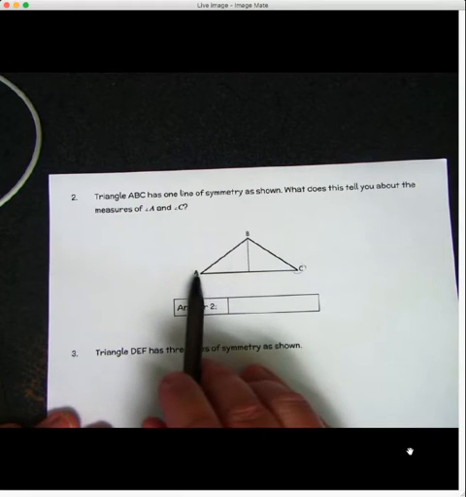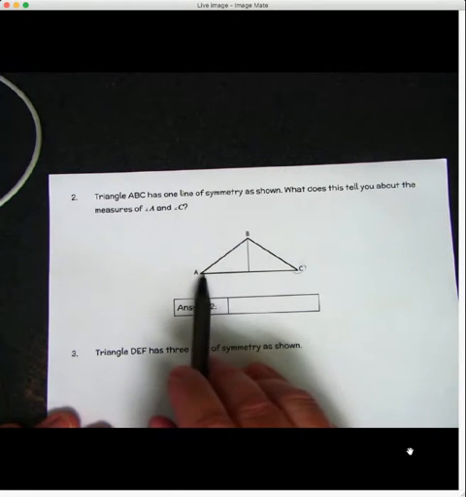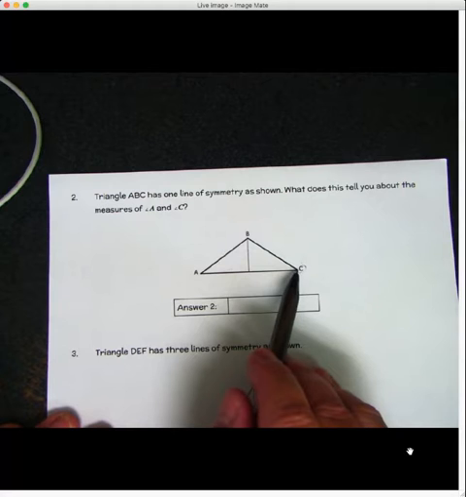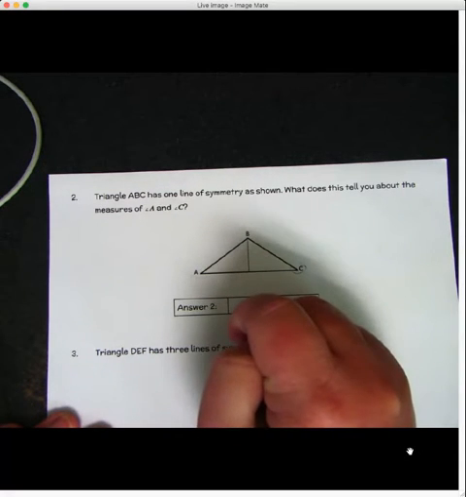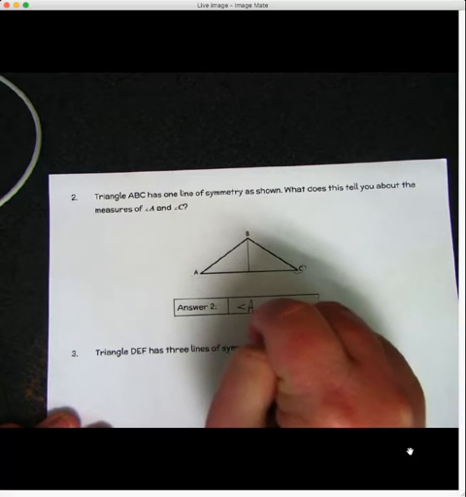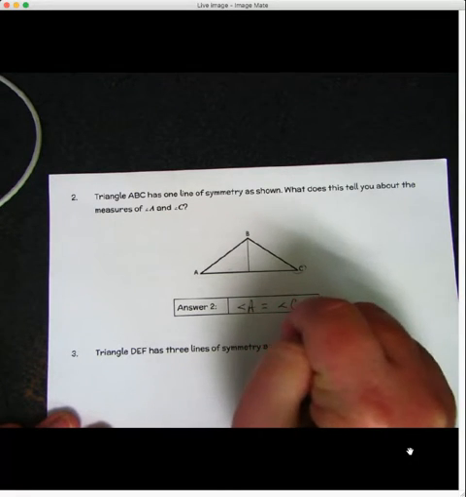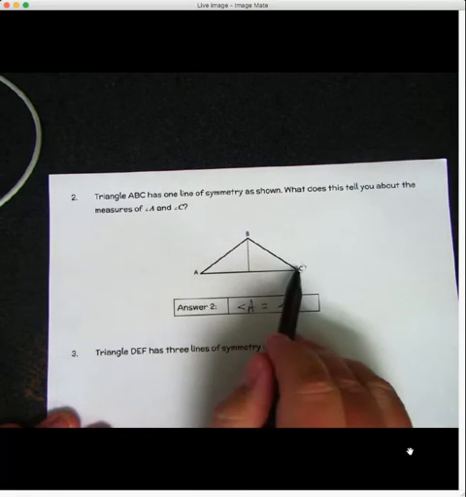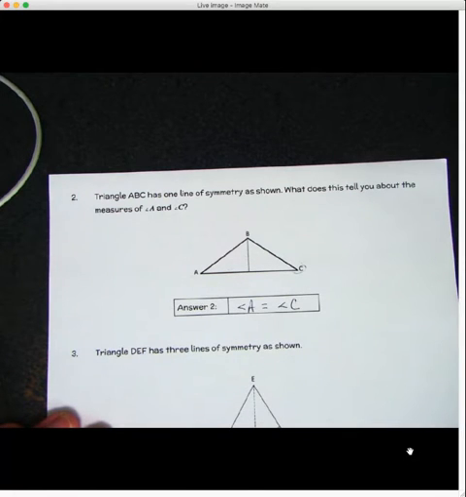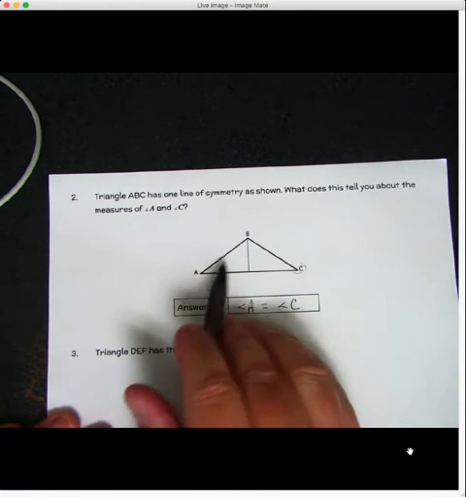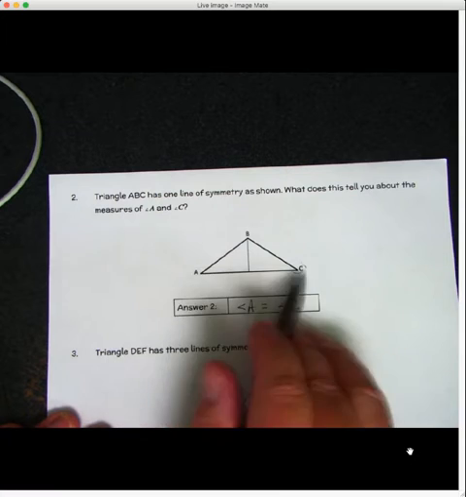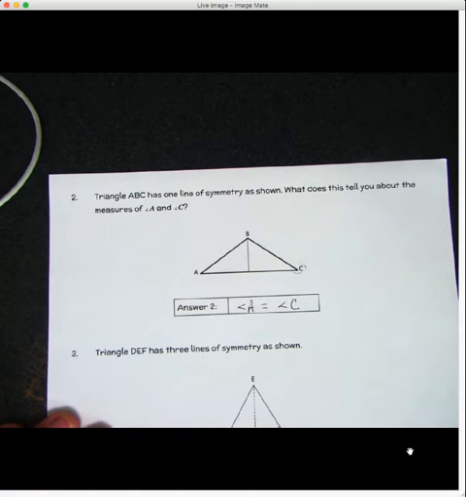Well, if we folded this over across the line of symmetry, then A and C would have to match, wouldn't they? So angle A would have to be equal to angle C, because we would fold it across there, and it's supposed to be a mirror image, so they should be exactly the same measure.